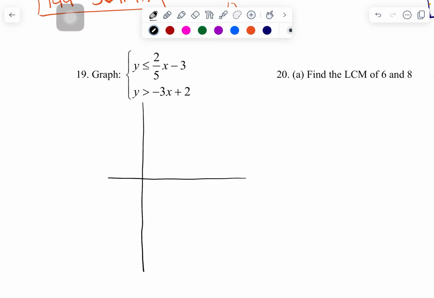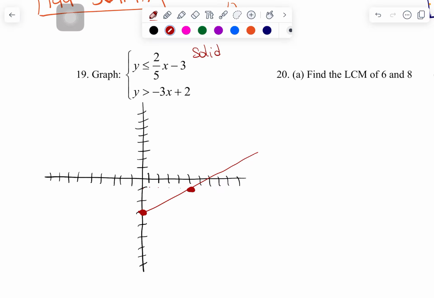Let me draw a little coordinate grid here. 2, 3, 4, 5, 6, 7. Just grid it out for myself. Good enough. Okay, so top equation here, I'm going to start off at -3 on the y-axis, and then I need to go up 1, 2, 3, 4, 5 to the right, and I am going to use a solid boundary line, which means when I play connect the dots, I am simply going to draw a solid line straight on through there.